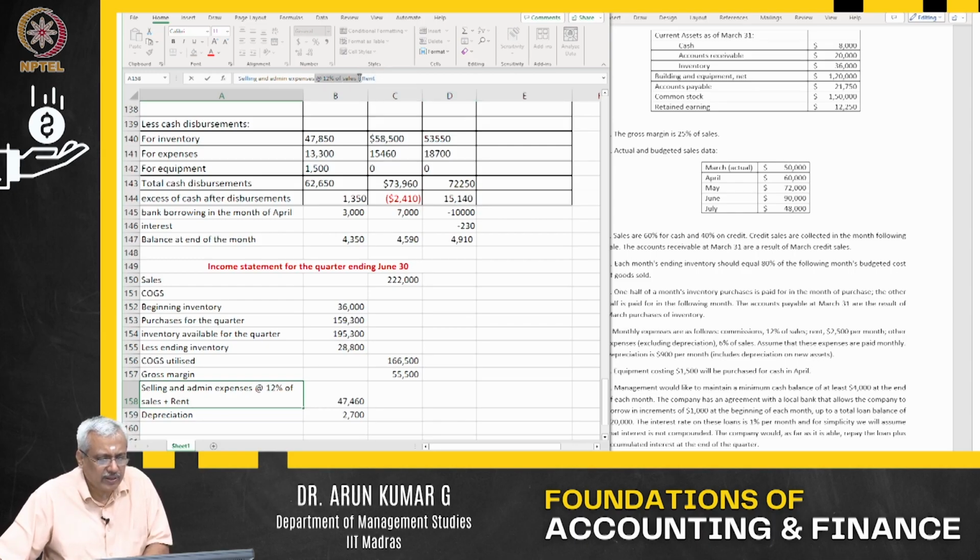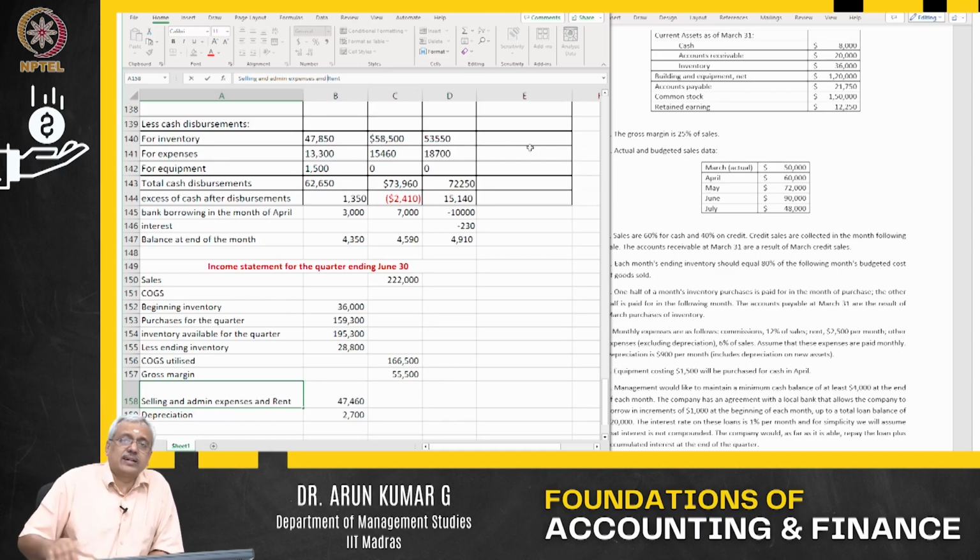Let us look at everything put together. And rent out there, because I've added everything. It's not 12, it is 18% on rent. So that is all. I've basically taken that into consideration out there.